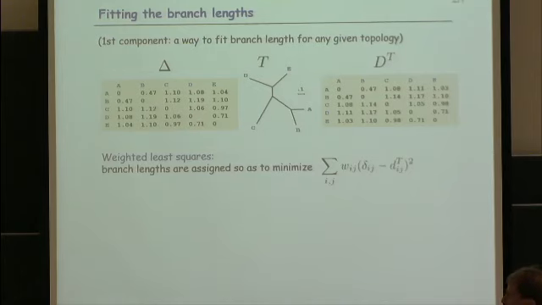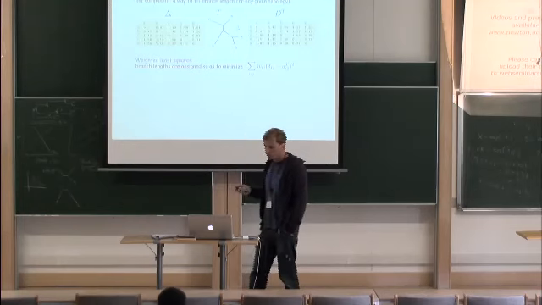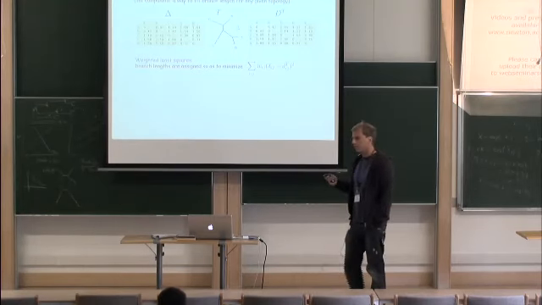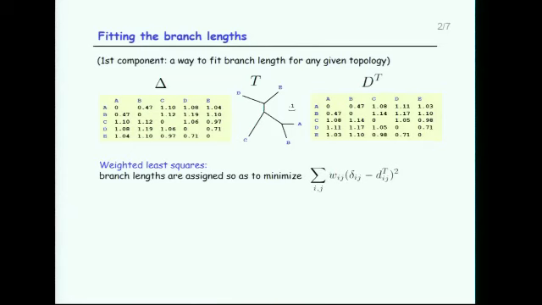And typically, we assign branch lengths so that we minimize this objective function. This is called weighted least squares. And it's basically a weighted sum of the squared differences between corresponding elements in the two matrices.